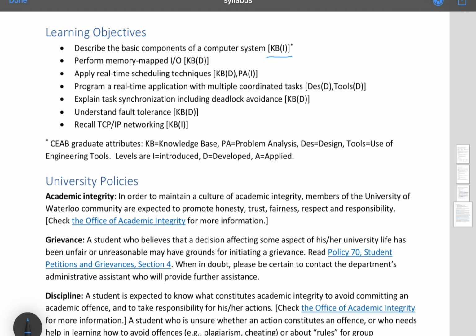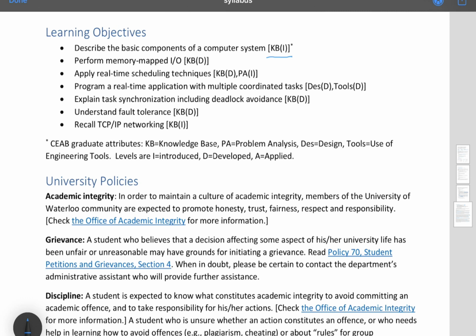Program real-time applications with multiple coordinated tasks. You'll be doing that in the labs and covering the background for that in the lectures. I want you to be able to explain task synchronization, including deadlock avoidance. Again, that will be covered in lecture. I want you to have a basic understanding of fault tolerance.